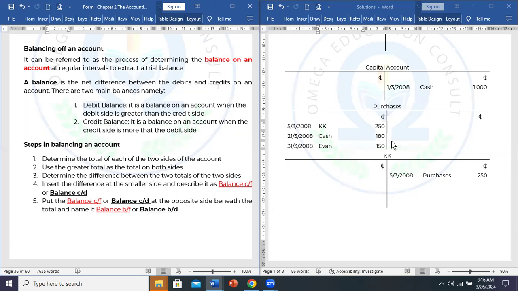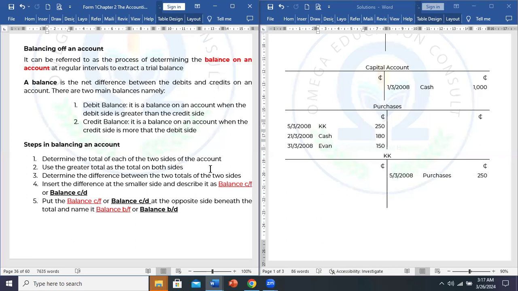The difference could be on this side or that side, and that difference is what we refer to as a balance. If the difference is on the debit side, we call it a debit balance. If it's on the credit side, we call it a credit balance. So we have two main types of balances on an account: either a debit balance or a credit balance.